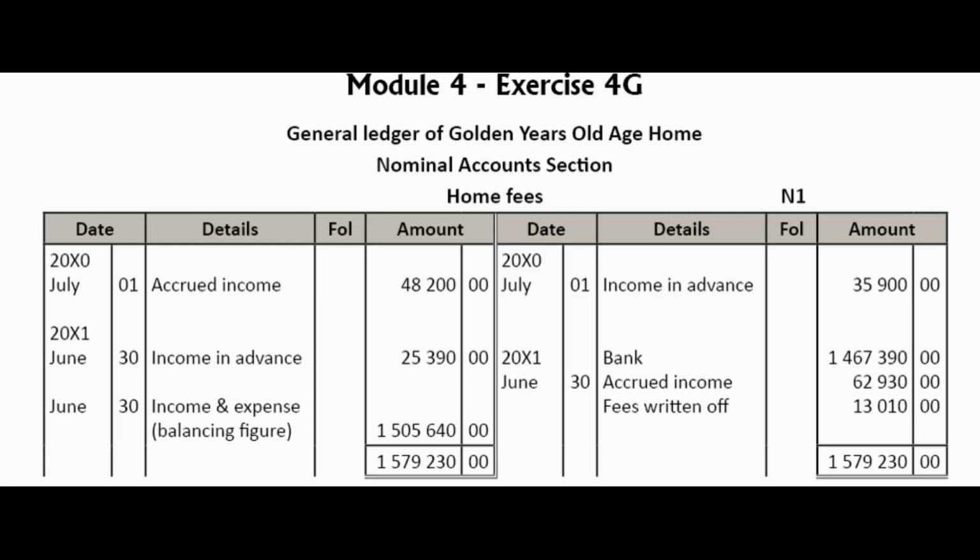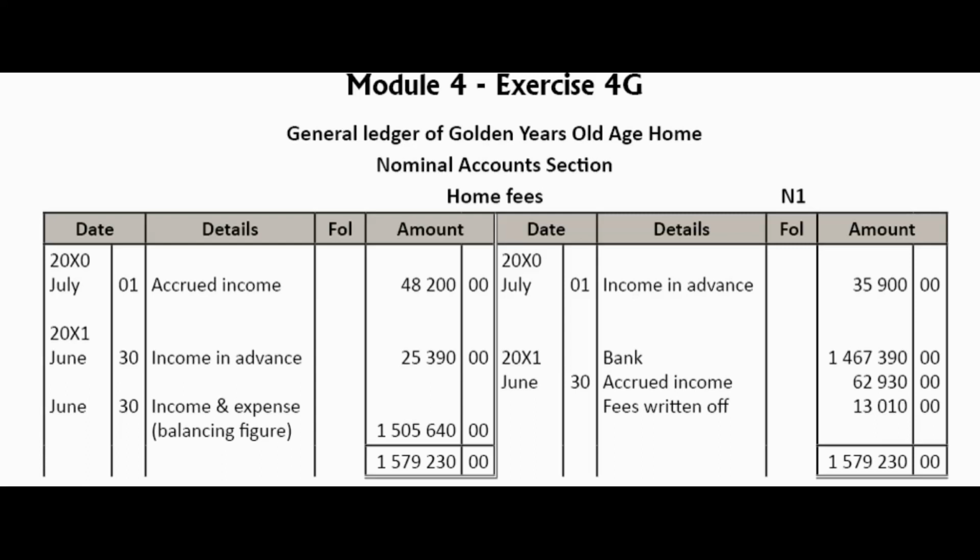Fees written off, 13,101 on the credit side of the fees account. We will debit fees written off and credit home fees, or whatever the account's name is. 13,101. Okay, and then we need to do the adjustments at the end of the year for the fees that were outstanding and that were also received for the next year. Okay, let's see what that was. On the 30th of June, fees paid in advance was 25,390.